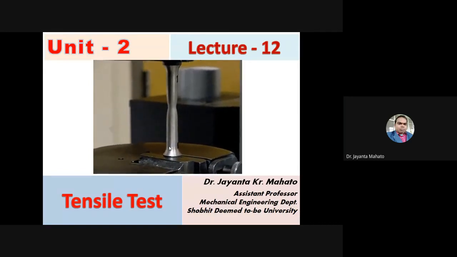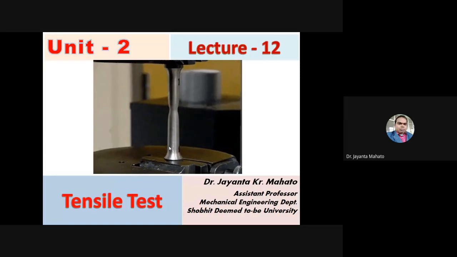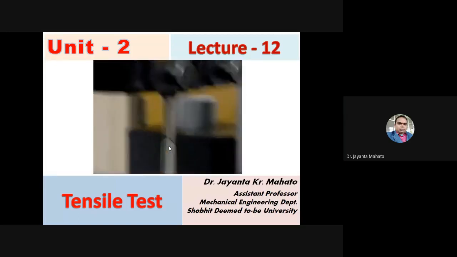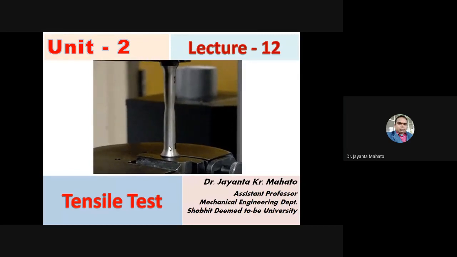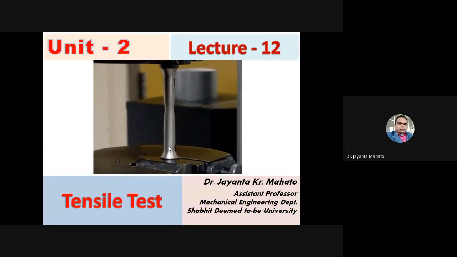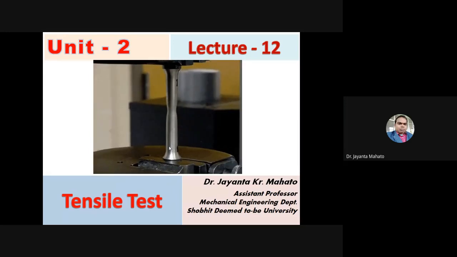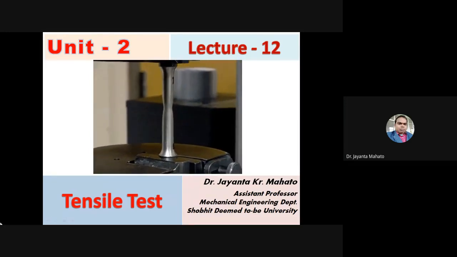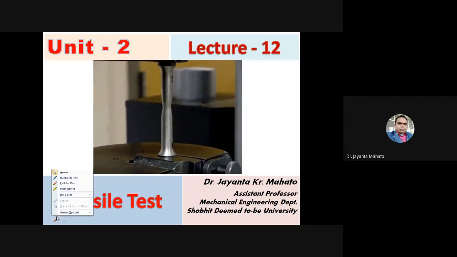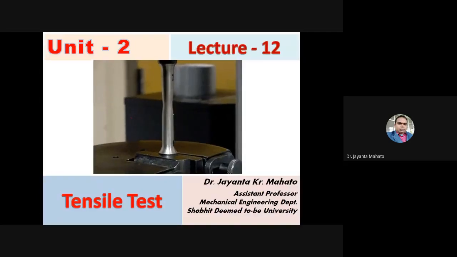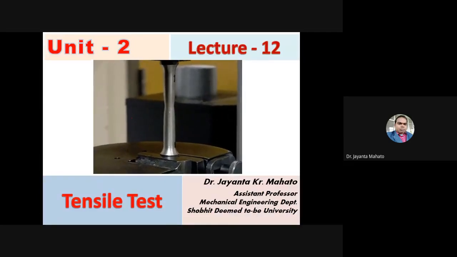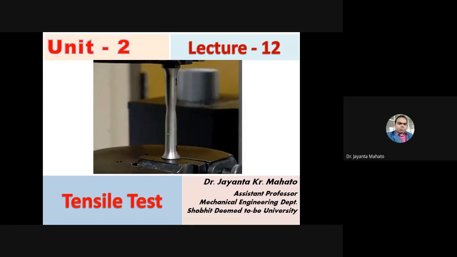To pull the material or to stretch the material, load is required. Obviously, more and more load is required to pull the material. Like in this animated view, if you pull this cylindrical specimen, then what happens?